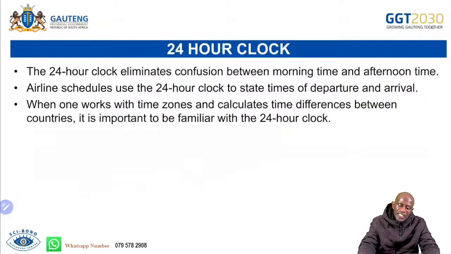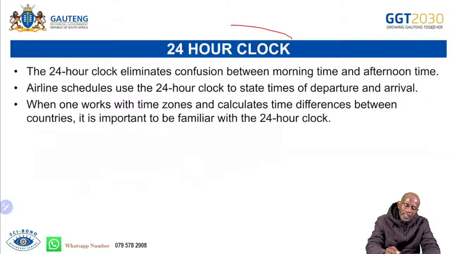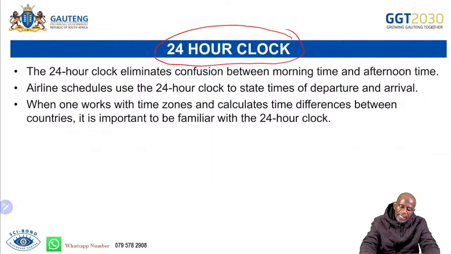As we move forward, I want to explain clearly the issue of the clock. To find time zones, we rely on a 24-hour clock. The 24-hour clock eliminates confusion between morning time and afternoon time.